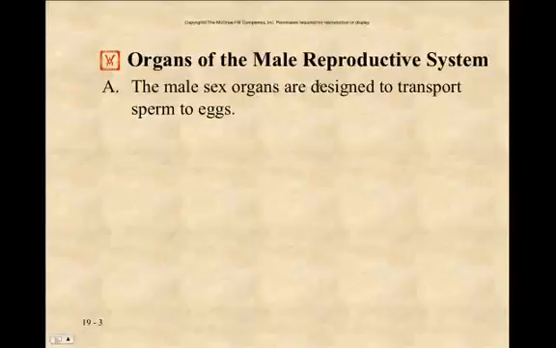Also, you may have seen I posted something saying that, if you wanted to, you could watch something called The Great Sperm Race. I sent out an announcement, and you can link to it via YouTube right off of that announcement. It is a really excellent way to get a visual depiction of what's happening in the reproductive system, especially the male reproductive system.